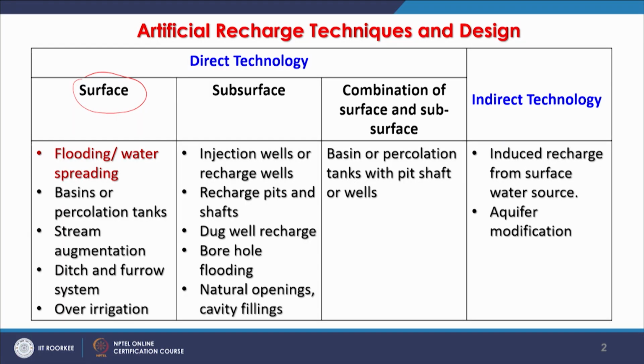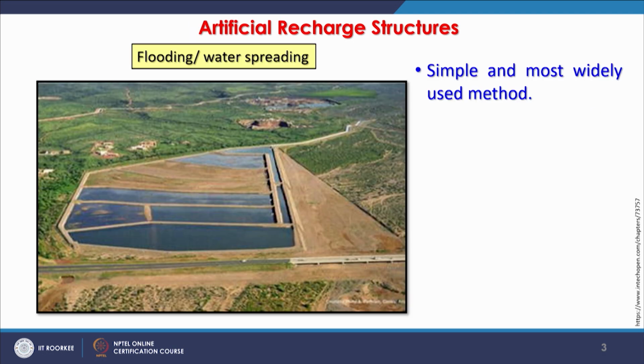The first technique under this direct surface method is flooding or water spreading. Like what you see in this photograph, a real field photograph, this is a very simple and widely used method: flooding, the water spreading.